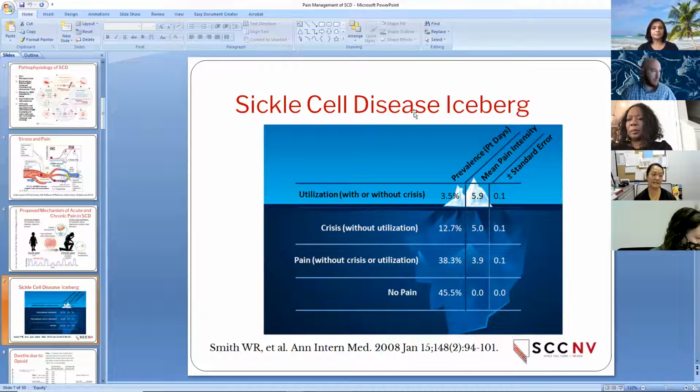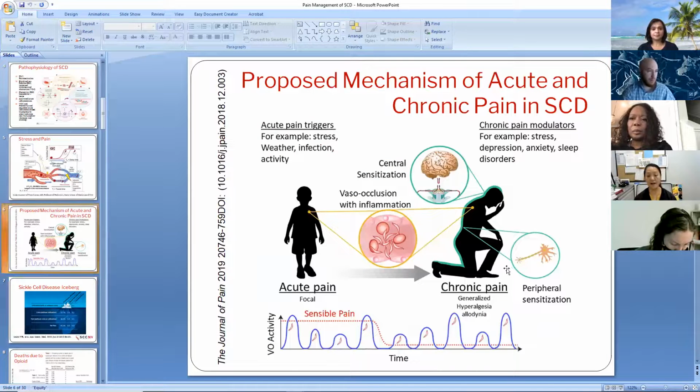Now, obviously, once you get to all this damage, it's really hard to control once they have chronic pain and hyperalgesia and sleep disorders. And what we're hoping to do is, since birth, try to control the sickling itself.